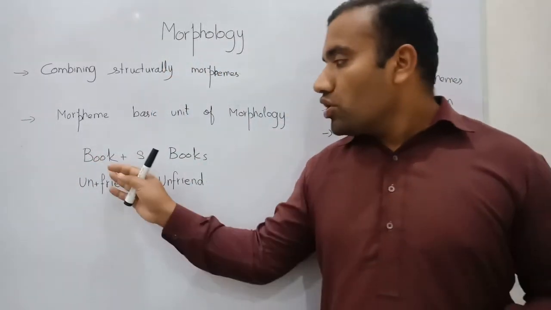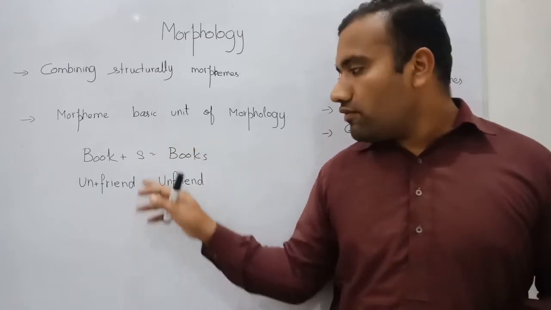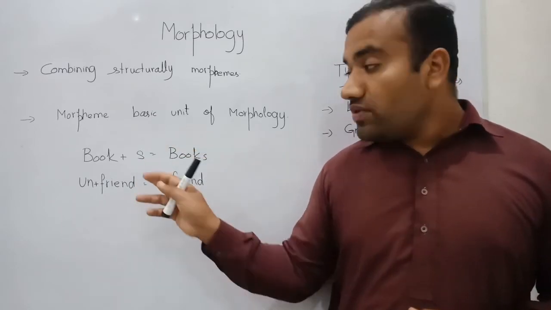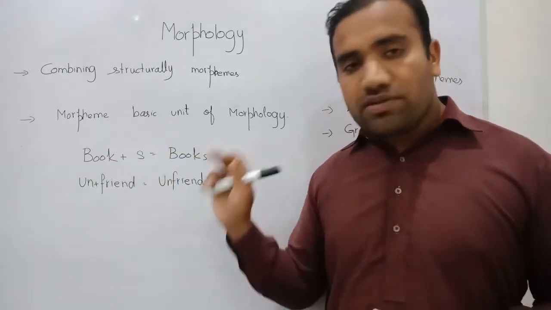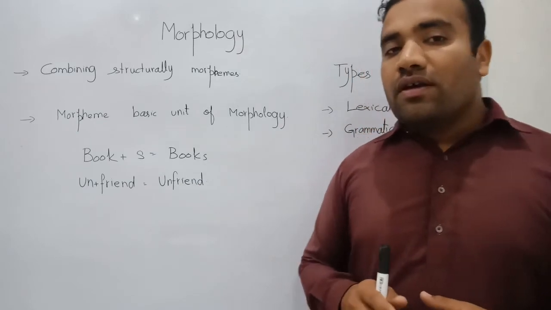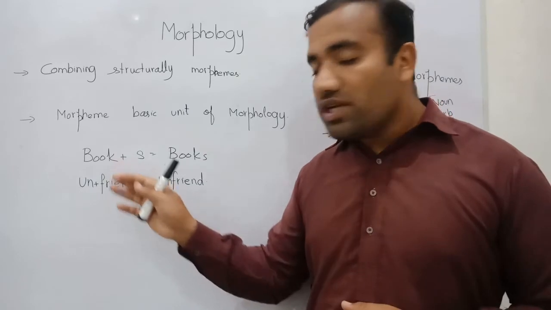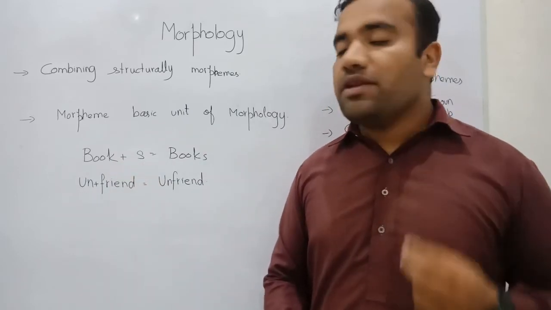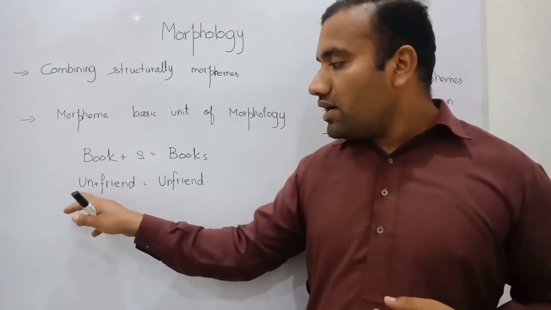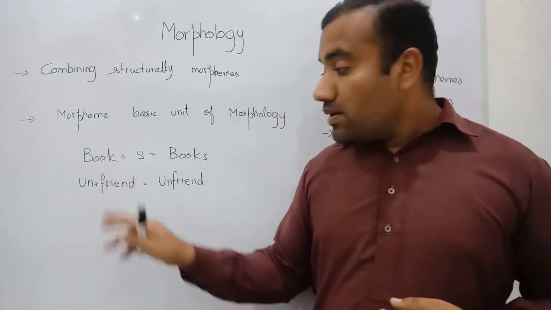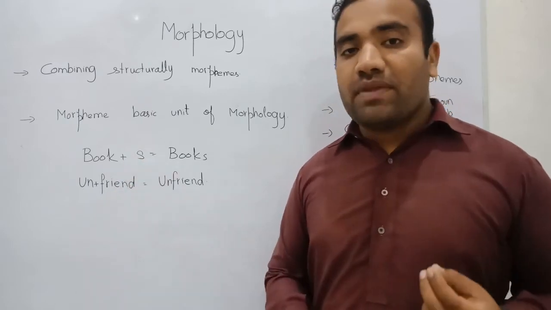See the example. When we say books and book, if we omit the s, this is a morpheme and this is also a morpheme. If we omit s, we still have the meaning of book, because book gives us a distinct meaning.